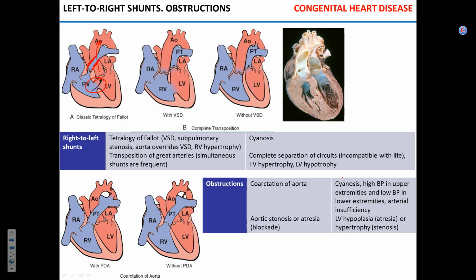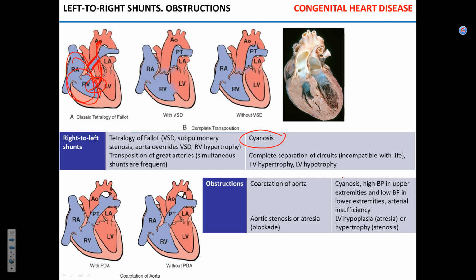You see, due to the size of the aorta and elevated pressure on the right side because of the stenosis, the blood will go from the pulmonary side to the systemic side. And right ventricle hypertrophy, because the right ventricle will work against elevated afterload due to the pulmonary stenosis. The main outcome, cyanosis.